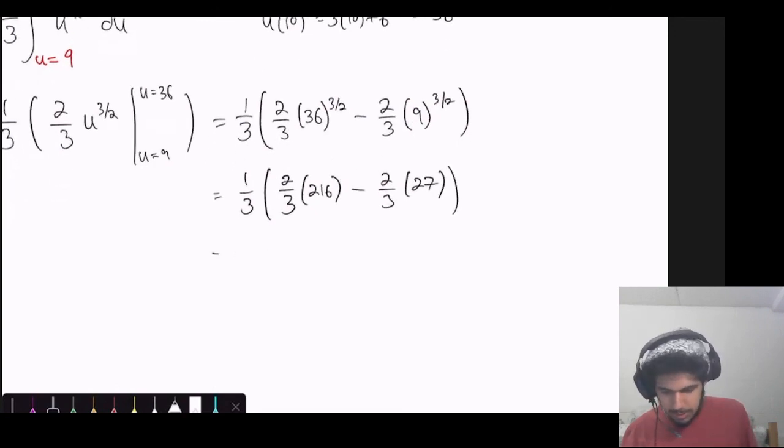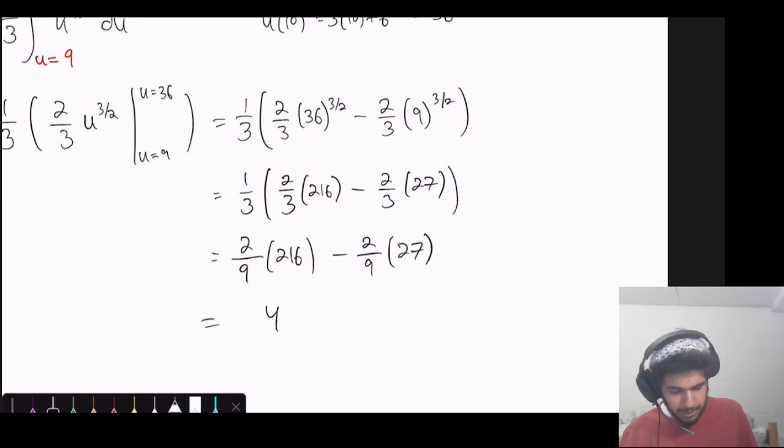And this is going to be equal to 1/3 of, oh my. Actually, let's just multiply it all out. We'll distribute that 1/3 in. This is 2/9 of 216 minus 2/9 of 27. That's equal to 48 minus 6, 42.